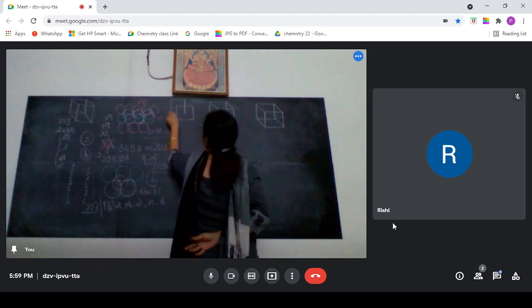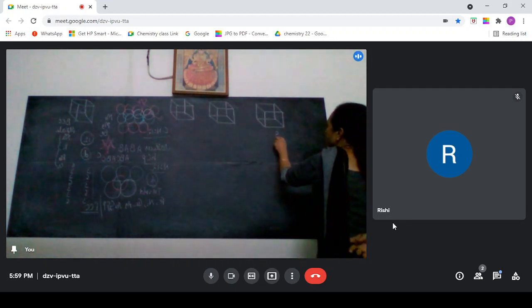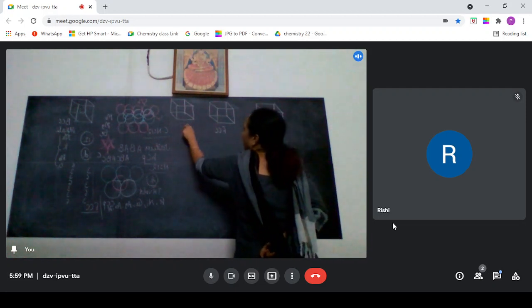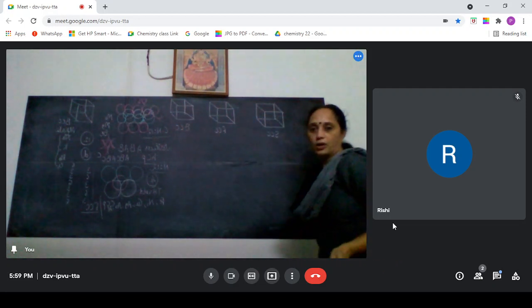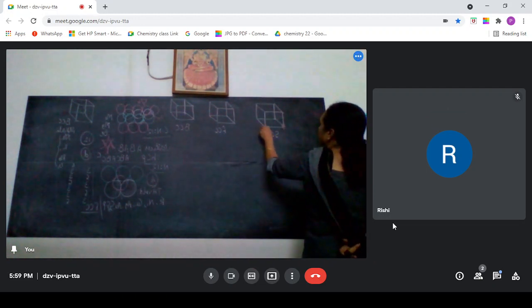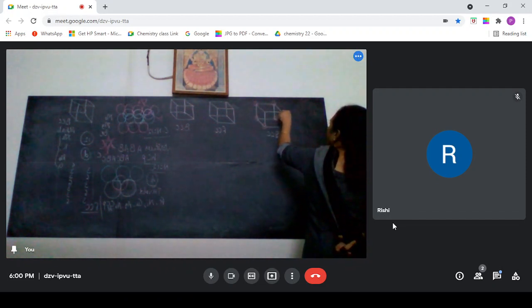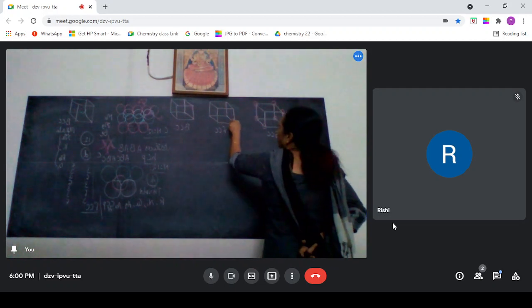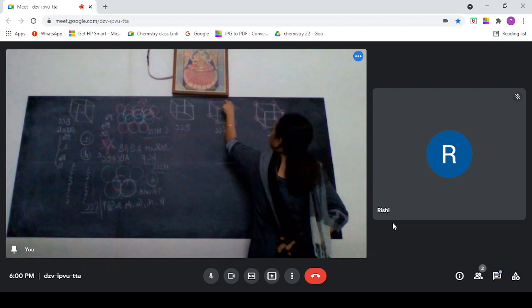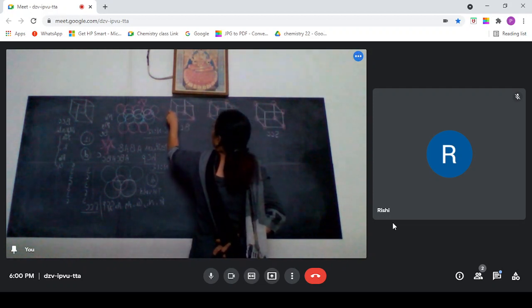I'll tell you what to write. This is a very important point. This is the simple cube, this is your FCC, and this is the body-centered cube. When you write like this, you will have a particle at all the corners in the simple cube. Right, for all the corners you write.